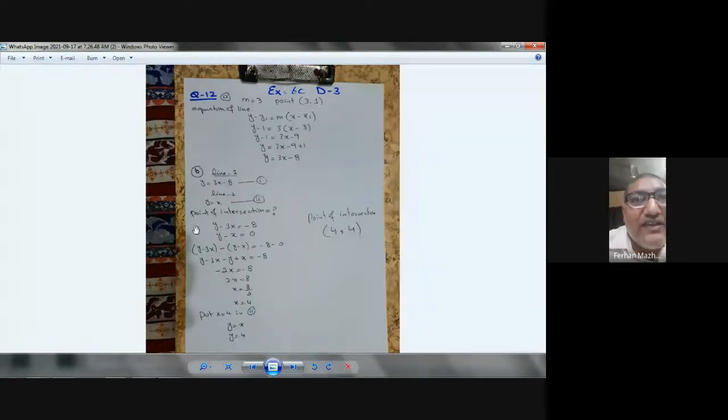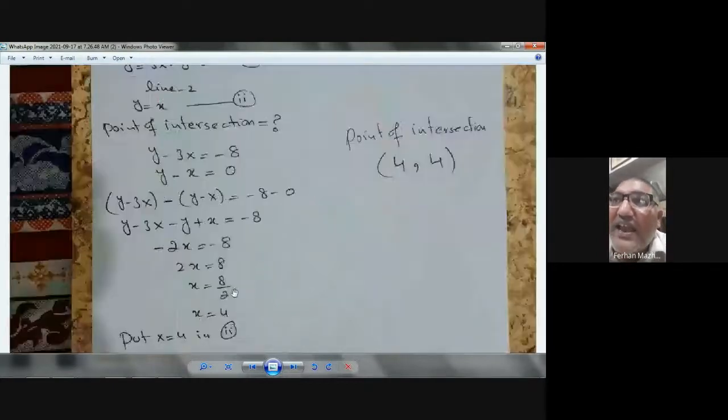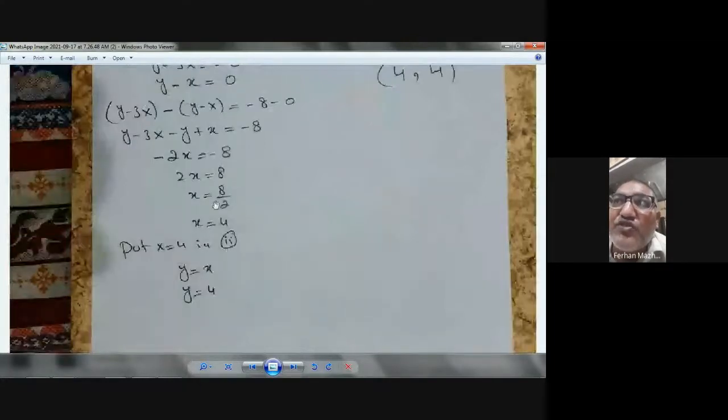The negative outside that bracket, when you open the bracket, its signs will change. So now you have y minus 3x minus y plus x equals minus 8. The plus y and minus y will cancel. You will have minus 3x plus x, left with minus 2x. Minus minus will cancel. So 2x equals 8, and x equals 8 by 2. x equals 4.